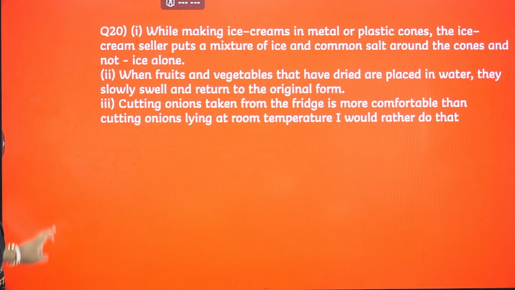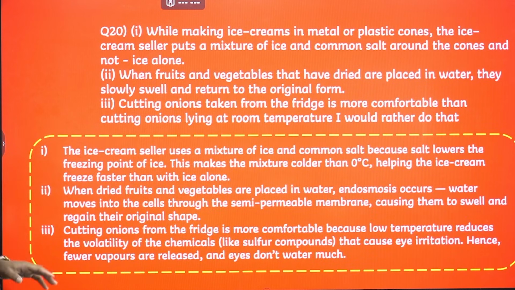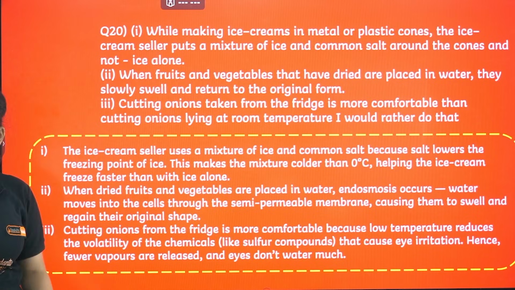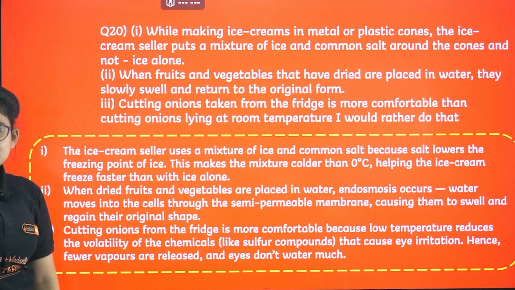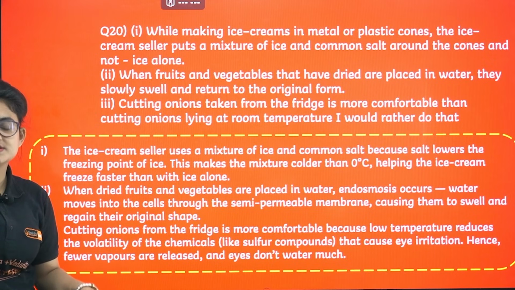Okay, while making ice cream in metal or plastic cones, the ice cream seller puts a mixture of ice and common salt around the cones and not ice alone. What's the reason behind it? Again the same thing, just to lower the freezing point.